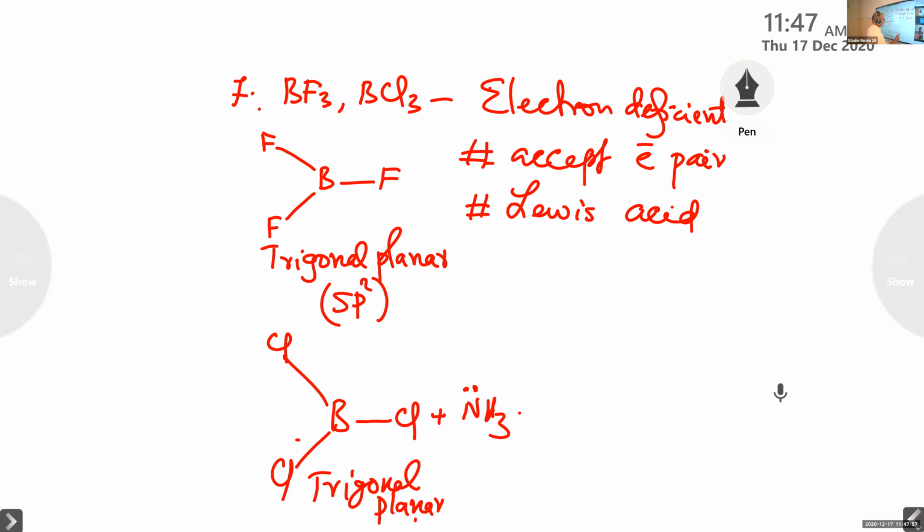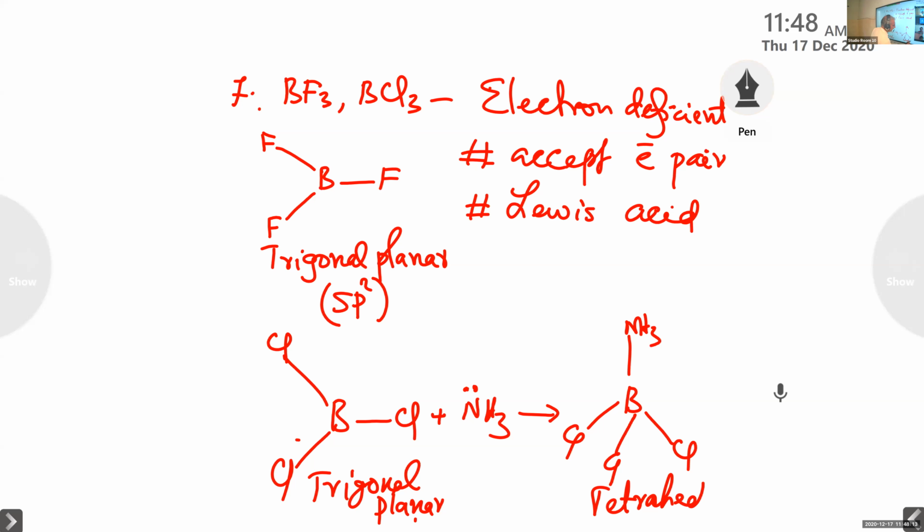And these two react with the formation of an adduct. Say NH3, here Cl, and this is tetrahedral. The structure is changed. It was trigonal planar for BCl3 and BF3. All these geometries are due to the sp2 hybridization of boron.